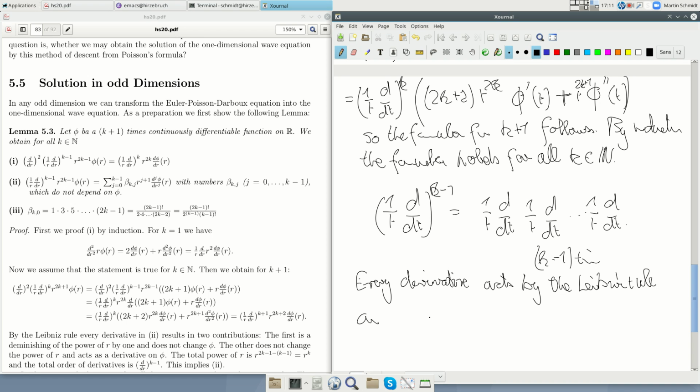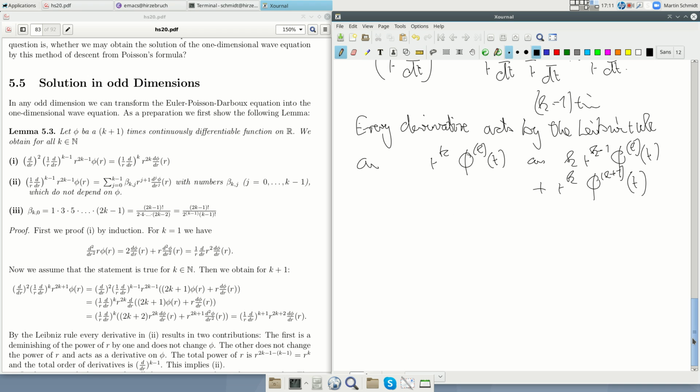Okay, let's see, we have some r to the power of k and phi_l, the derivative. As we get two summands. One is k r to the power k minus 1 phi_l of r, plus r to the power of k phi_{l+1}.